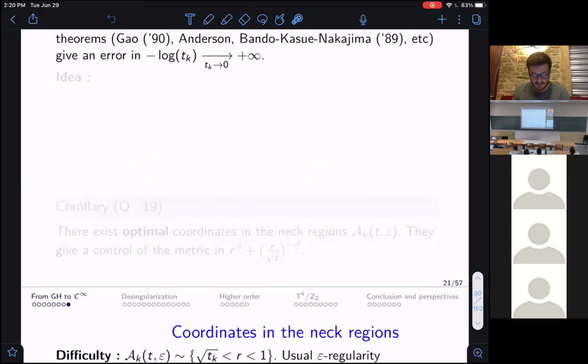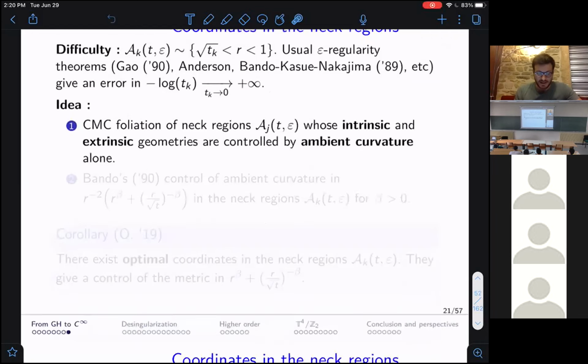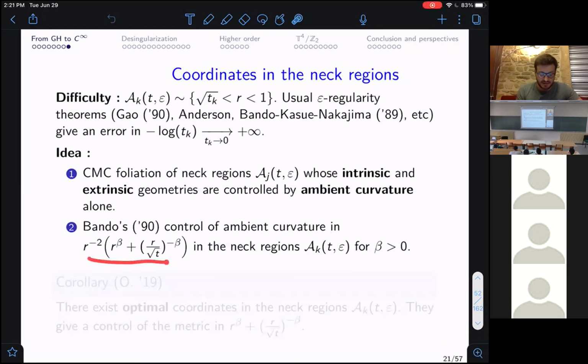And so my idea was to construct some new coordinates in these regions by some CMC foliation. And what's great about them is that their intrinsic and extrinsic geometry is purely controlled by the ambient curvature. So you obtain really optimal control of them. And this ambient curvature was controlled by Bando, where he had exactly the type of control I needed.